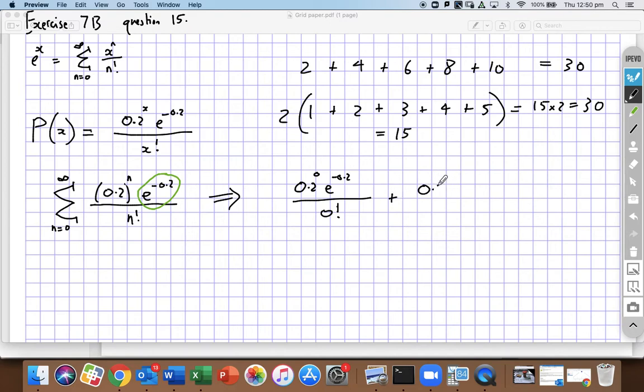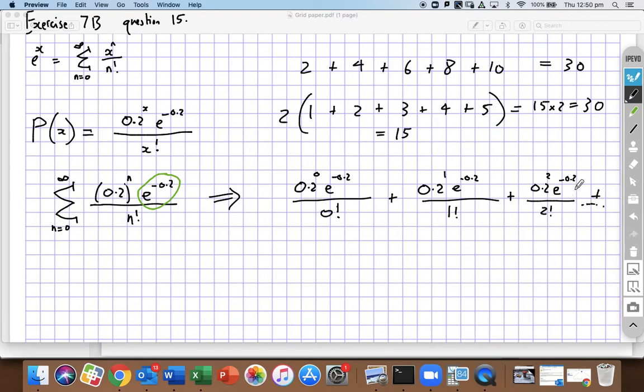Remember the n's are integer values. It's 0.2 to the power of 1 on 1 factorial, e to the minus 0.2, plus, you probably get the idea here. Dot, dot, dot, and this just keeps going forever.